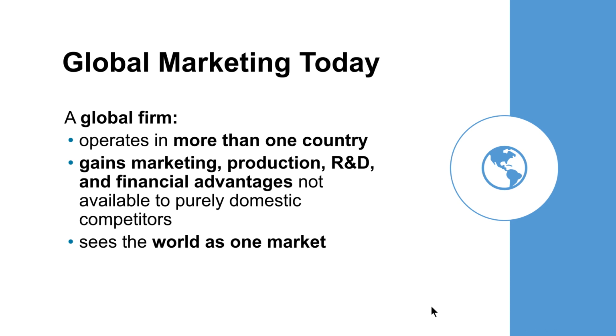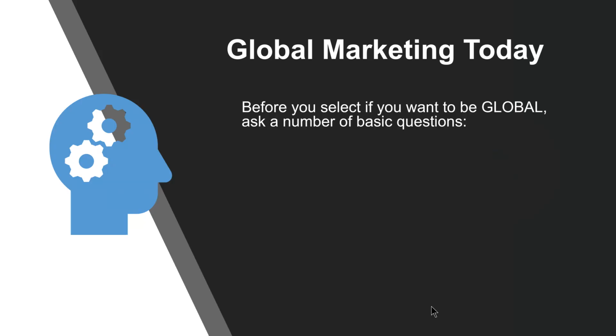So you're actually gaining resources and experience globally. That should help you also in the domestic or US markets. And from a global standpoint, we look at the world as one market as well. So there's individual countries, and then there's the global market overall.